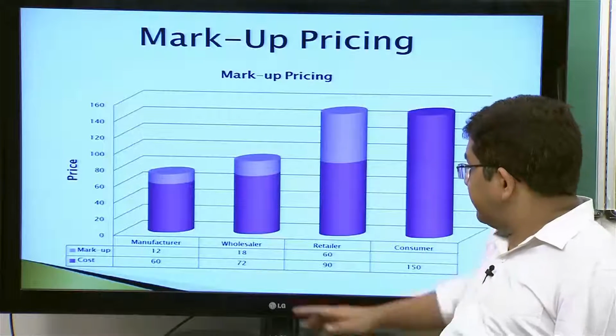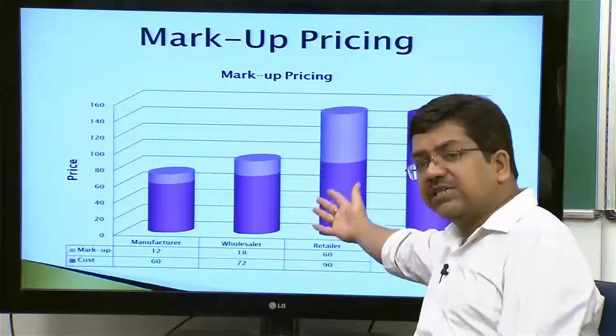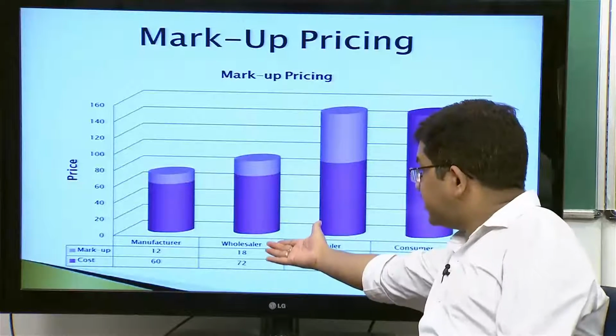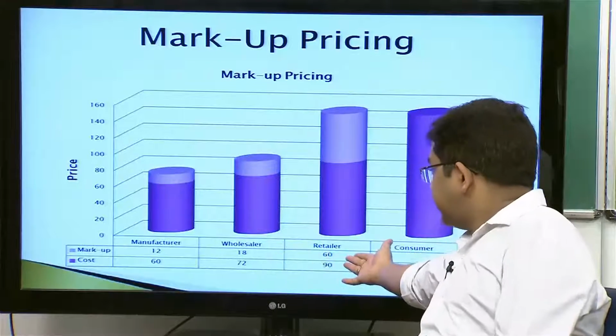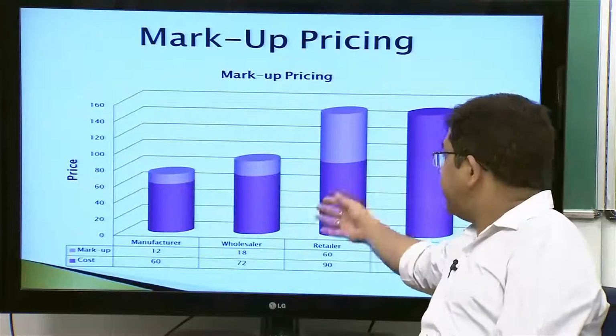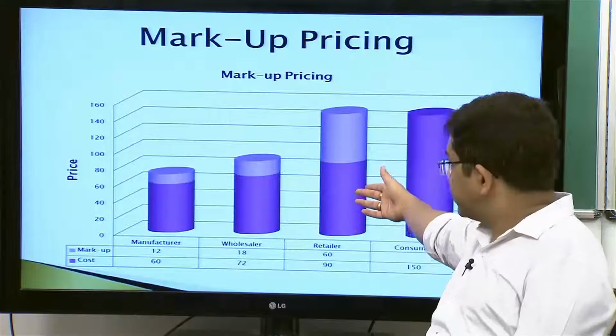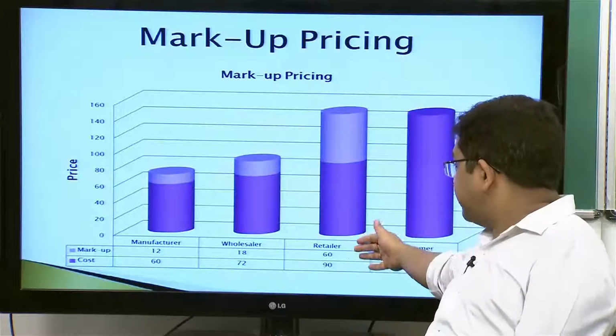You will see that since the manufacturer is manufacturing in larger quantity and selling in larger quantity, despite their markups being much less than the retailer's, their revenues, or profits, might be overall higher, since the number of units that the retailer sells is less. So, the markup might be higher.